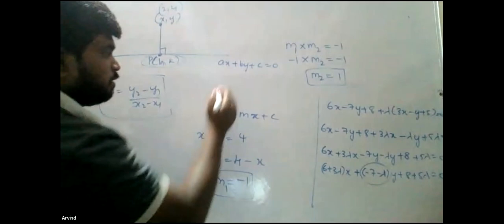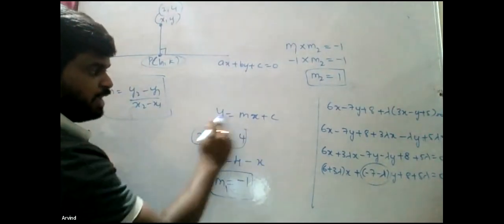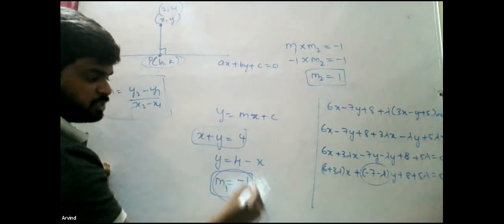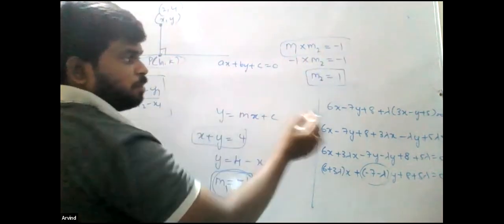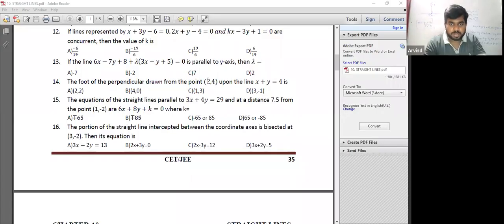A line is given to us; if we convert it into y is equal to mx plus c form, we get m1. Using this we have to find m2, using this formula. We got 1. Next, the subtraction that I told you: check whether the slope between the given point in the question and the options comes out right. What I did, this 2,4 and the first option, I found the slope between this 2,4 and 2,2. If it comes to 1, that is the correct option, which we didn't get. Same thing for B we did, we didn't get it. For C we did, we didn't get it.